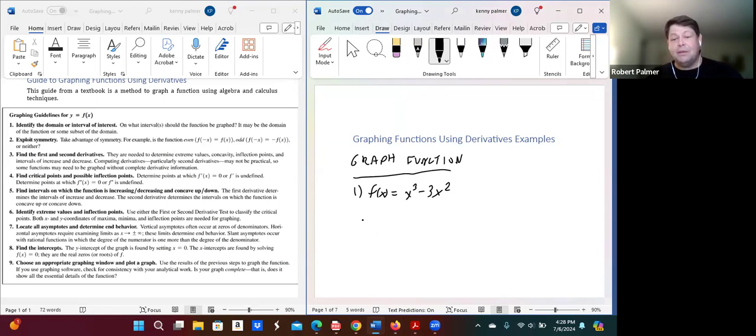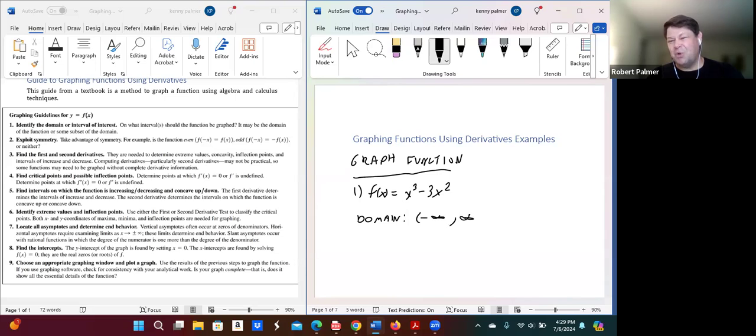Now let's step through these. Number one, our first step, or one of the first steps, there's no particular order, but let's find our domain. Here, there are no restrictions on our domain. Remember, this is a polynomial, so our domain is all real numbers, or negative infinity to infinity.